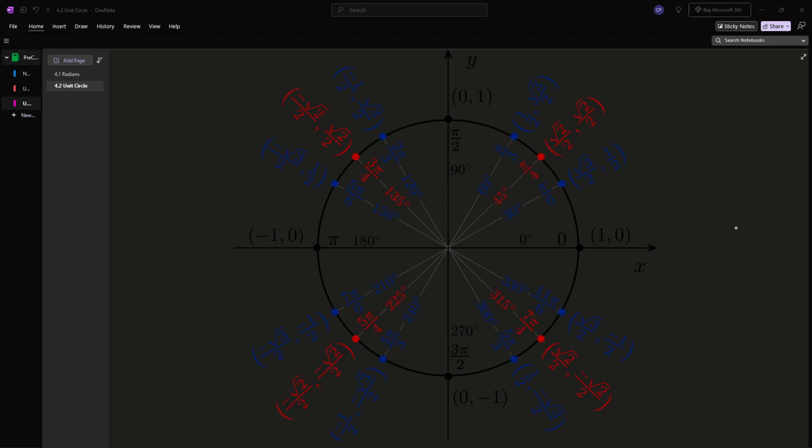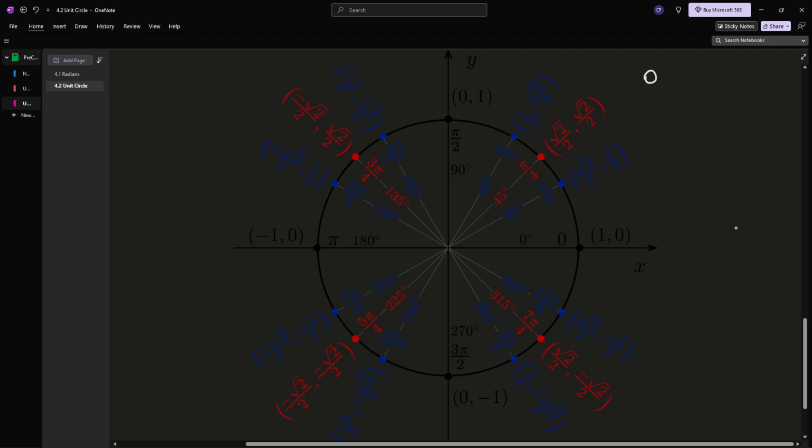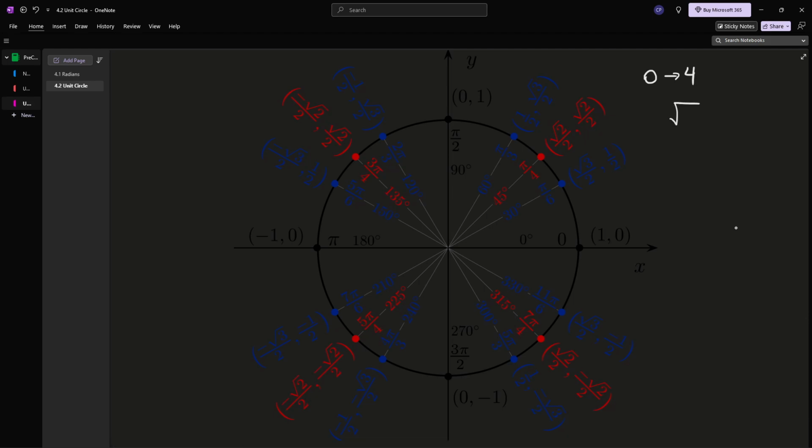And we see that there is some sort of pattern going on. The pattern is that you're going from 0 to 4 in this scenario, and root of a question mark over 2, either increasing or decreasing. So looking at the y for increasing, y starts at root 0 over 2, or just 0 over 2, which is just 0.